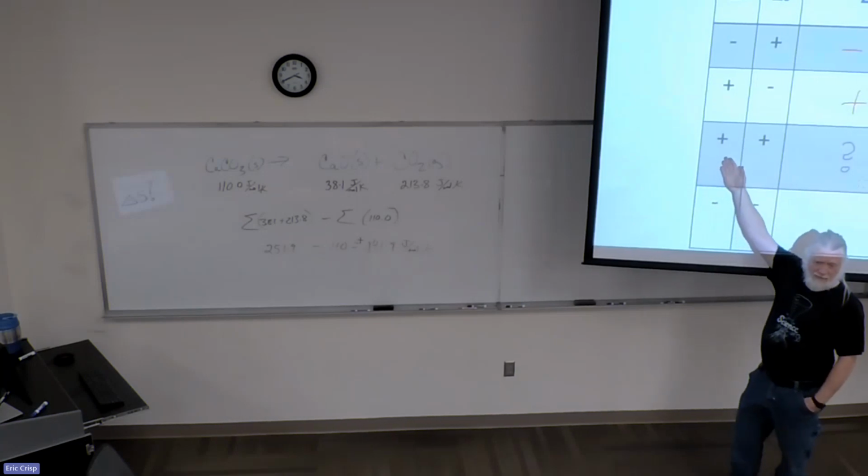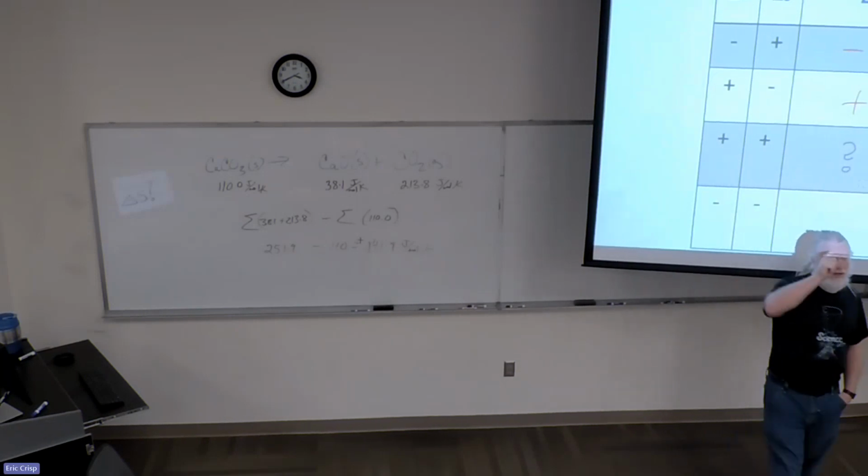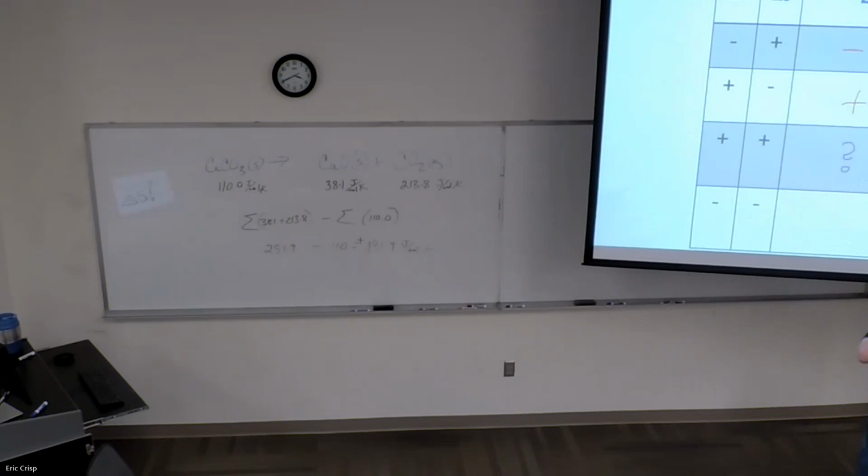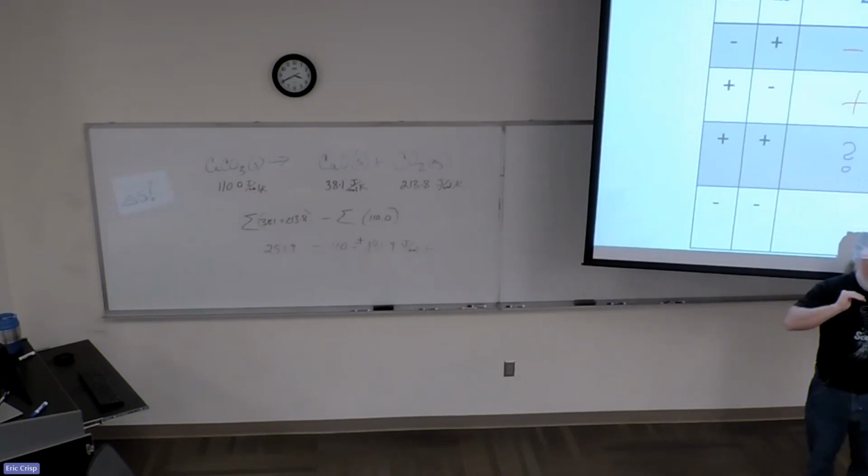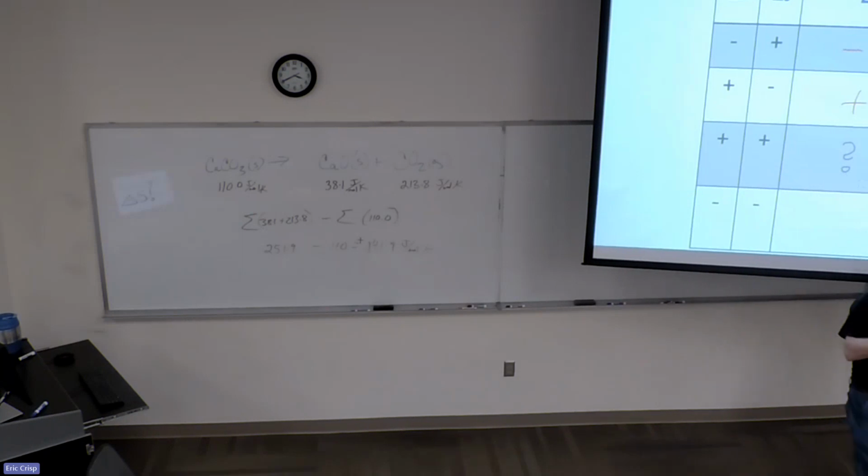But we do have a minus T delta S. So at very, very low temperatures, this is likely to not be spontaneous because delta H is the most important. But as you increase the temperature, since you're multiplying by temperature, your delta S term becomes more and more important at higher temperatures. So it starts out non-spontaneous, but as you heat it up, it becomes spontaneous.